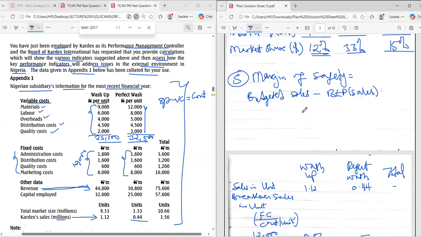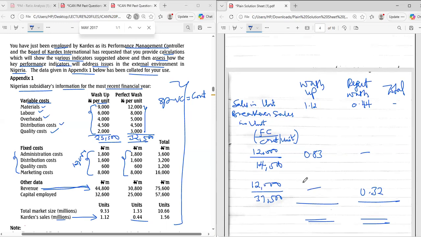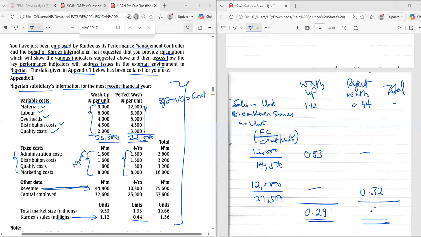Don't forget the formula: projected sales minus break-even sales. This is your projected sales in units, and these are your break-even sales in units. You can put it in brackets if you want. 0.29 for workshop. Next, 0.12 for perfect wash.